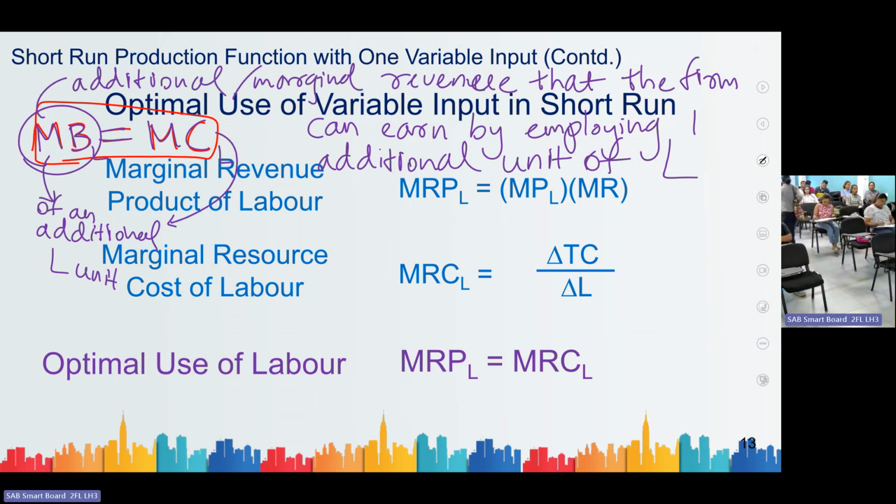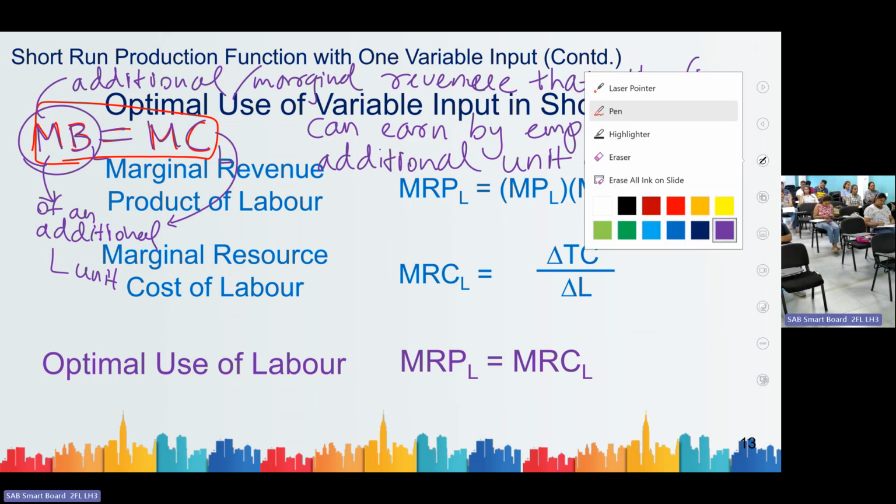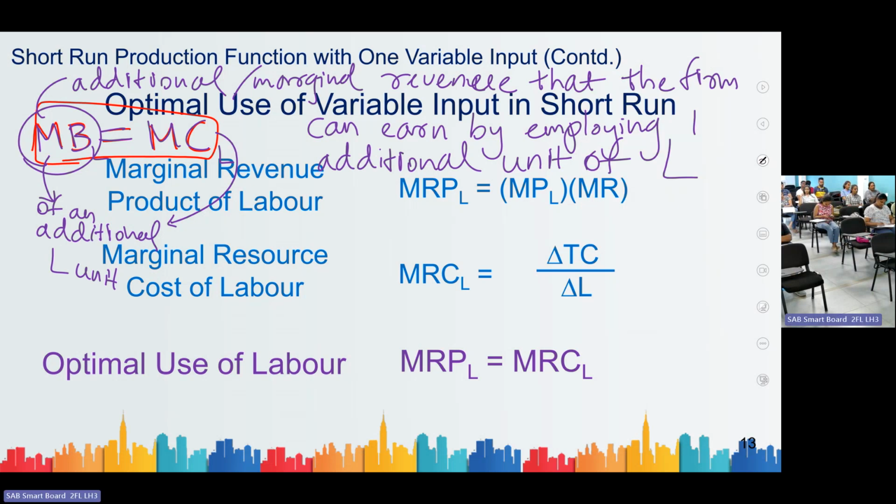Technically, we call it marginal revenue product of labor. The additional revenue the firm can earn by employing one additional unit of labor is technically called marginal revenue product of labor.